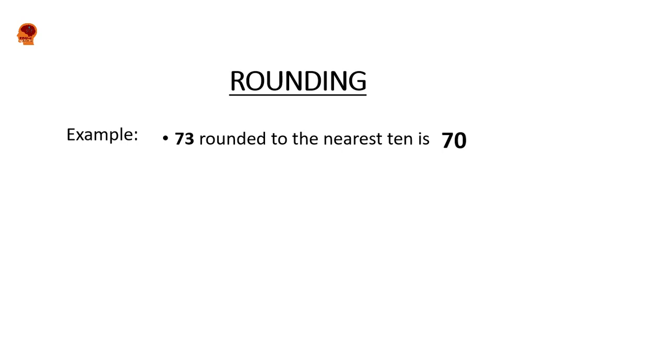Why do we say 70? Because 3 is a round down number which turns 0 but adds nothing to 7, so the 7 remains 7. That's why you have 70. Mathematically easy. Just like I've said, 73 is closer to 70 than 80.